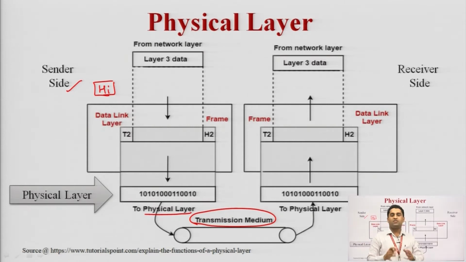I am messaging my friend hi, but this hi, the English word, is not going to travel through the physical medium. The data is converted to a bit stream and then to signals, and those signals are transferred from the sender's application layer to the physical layer and then to the receiver's physical layer.